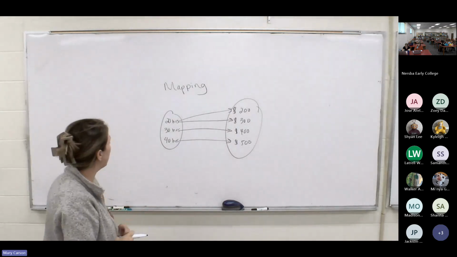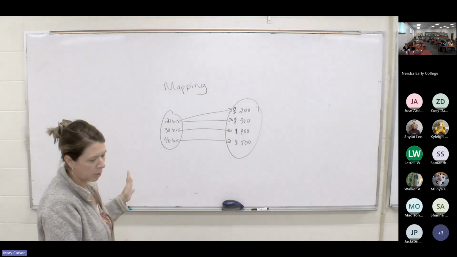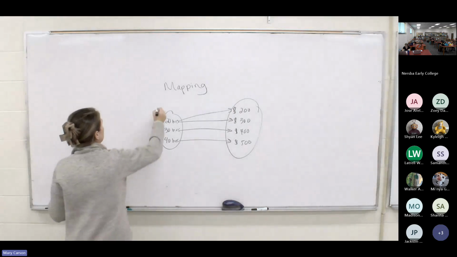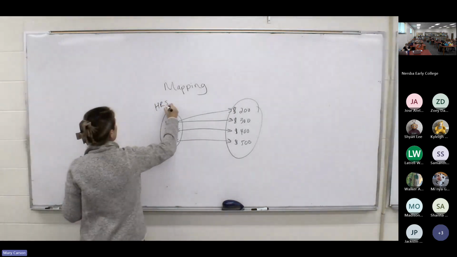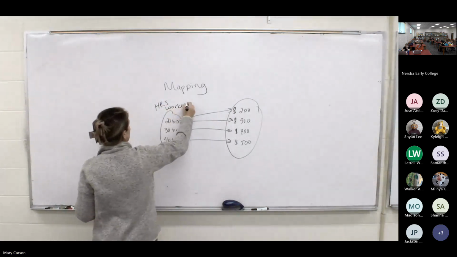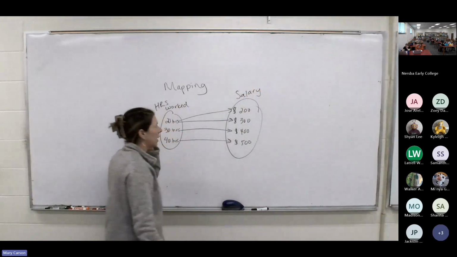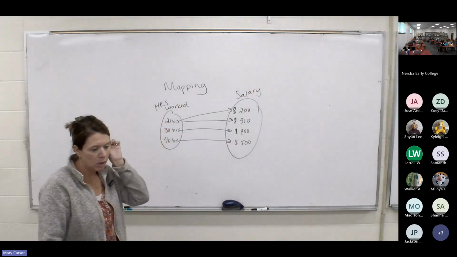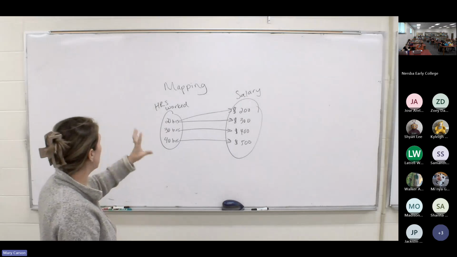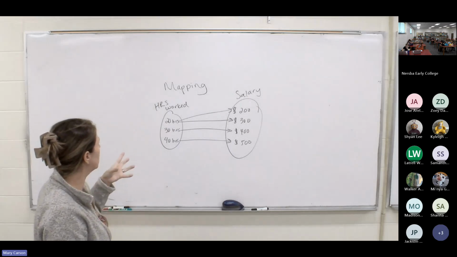All right, so this is a mapping of your hours worked versus your salary. Hours worked, and this is salary, how much you make. This is called mapping, and we can use this to represent a relation.